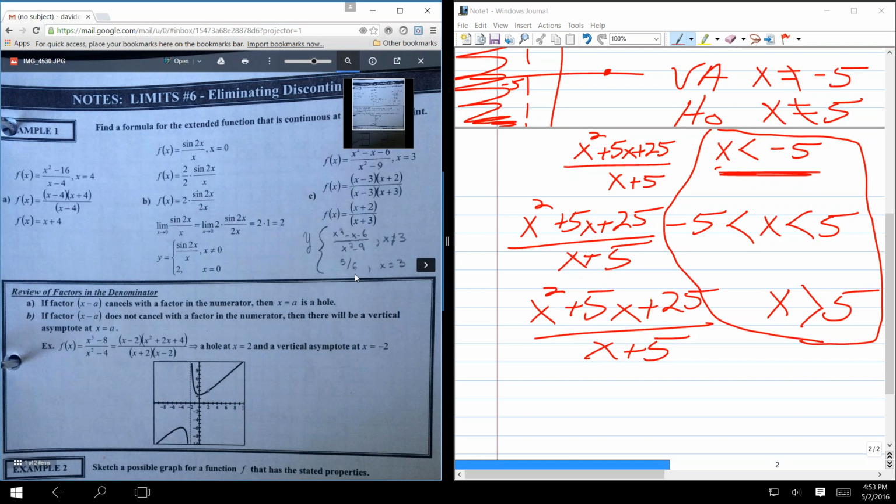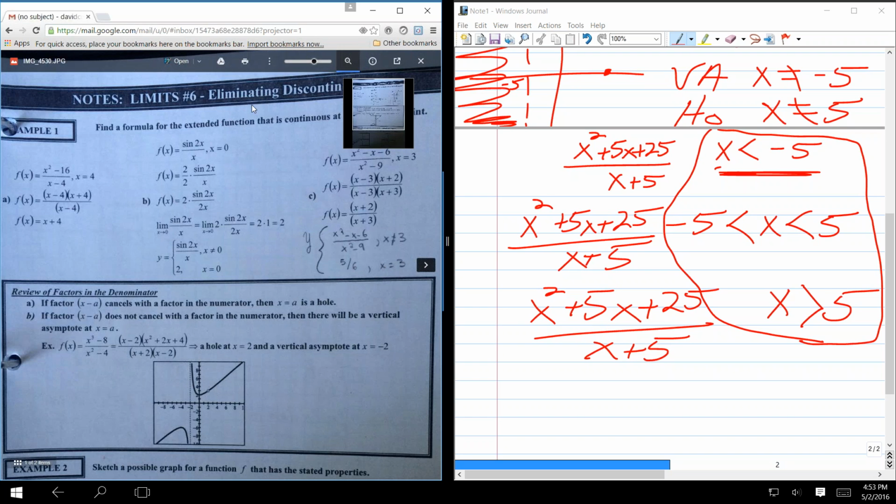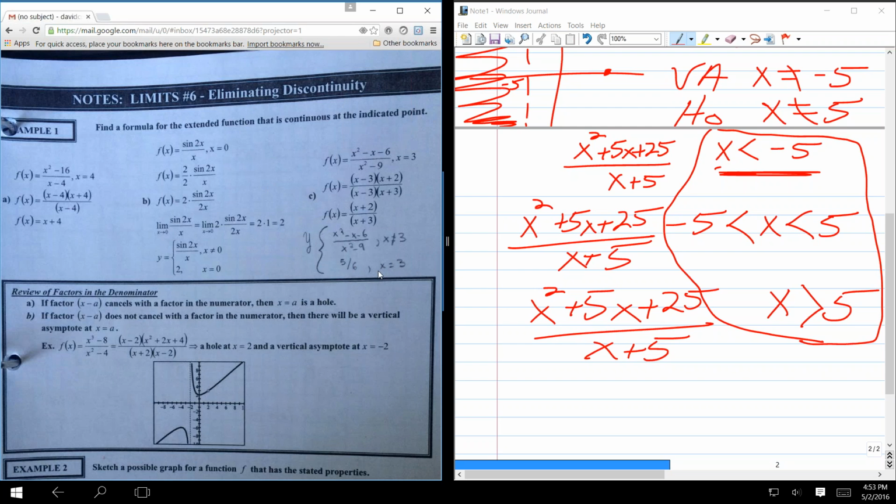It's not equal to 5/6 when x is equal to 3. x cannot be equal to 3. It would be okay to say the limit is equal to 5/6 as x approaches 3. And since this is a discussion on limits, I can kind of see where she would want to say that. But that's all you can say, that the limit of y would equal 5/6 as x approaches 3.